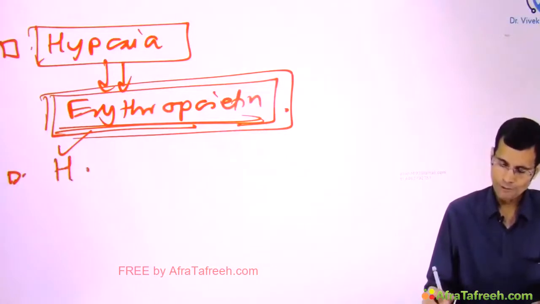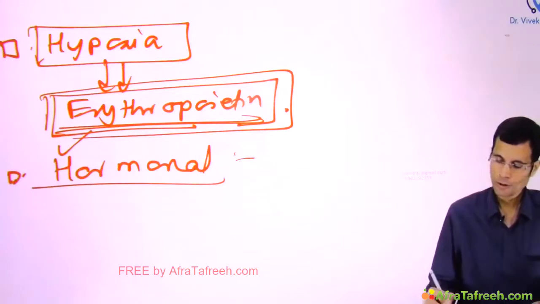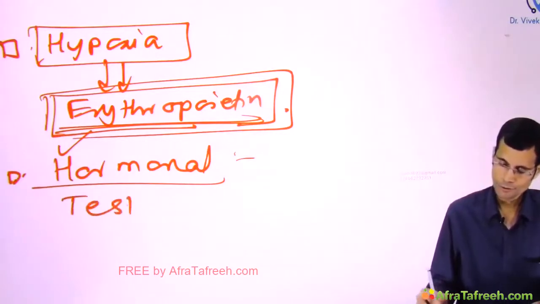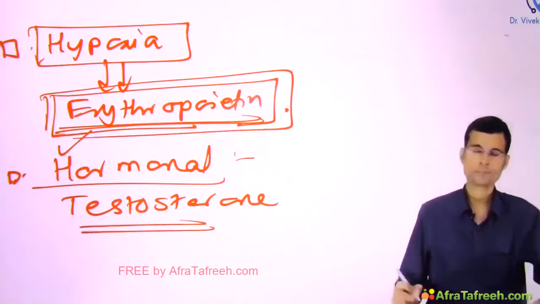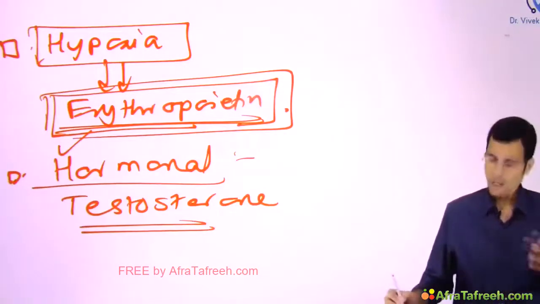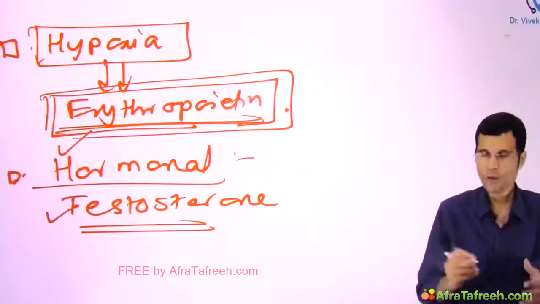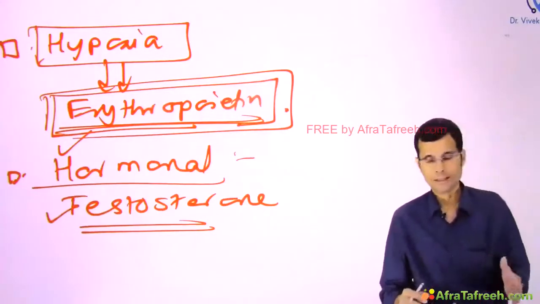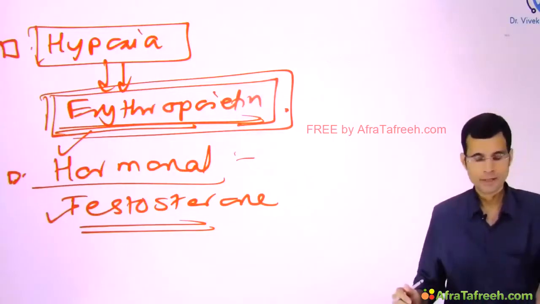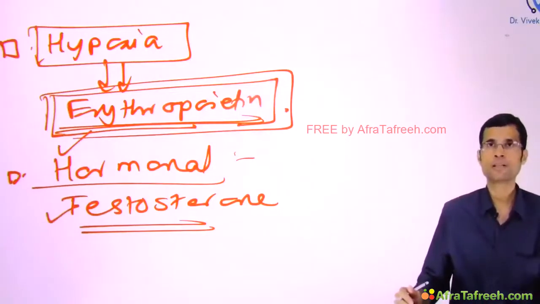Next, hormonal factors that influence erythropoiesis. Testosterone is known to stimulate erythropoiesis. How? Testosterone stimulates erythropoiesis in 3 ways. One, it goes to the kidneys and increases the secretion of erythropoietin.